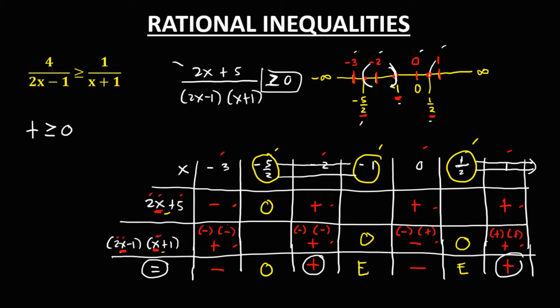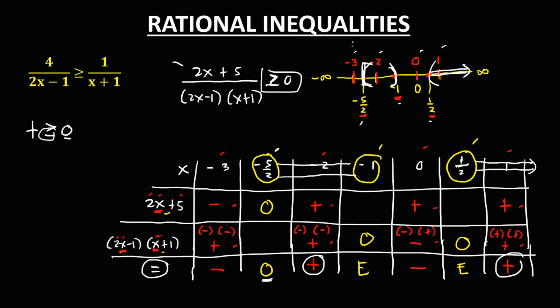But since we have this equal to 0, if equal to 0, that value is part of the solution. Since for negative 5 over 2, the result is 0, therefore negative 5 over 2 becomes a square bracket.